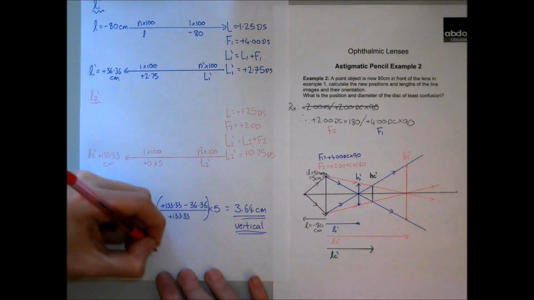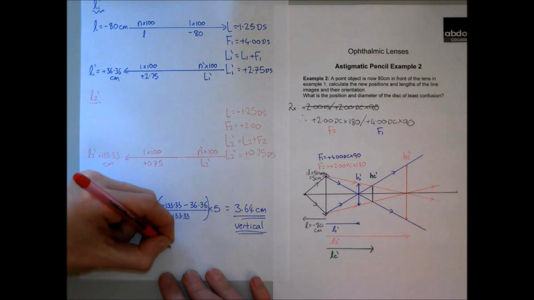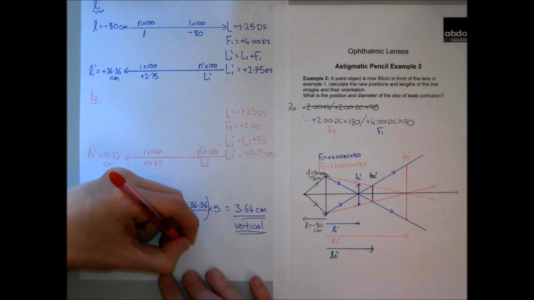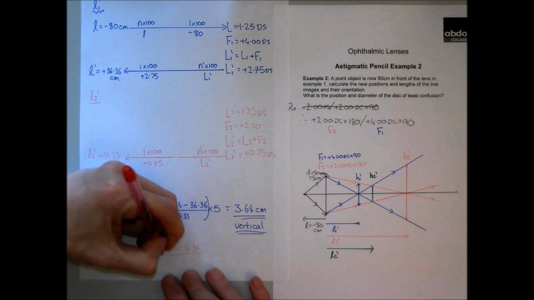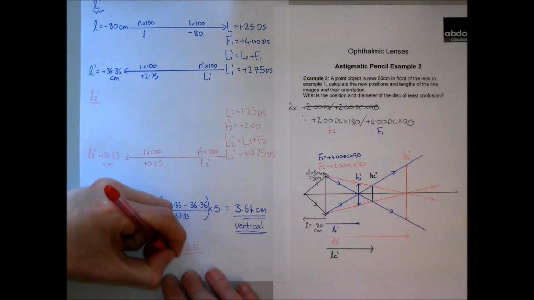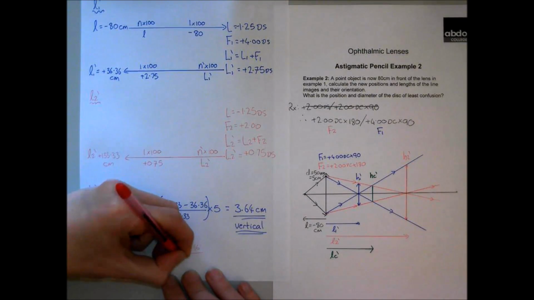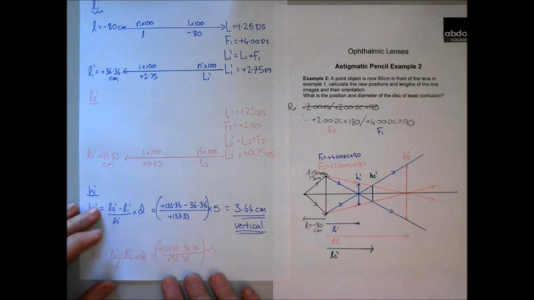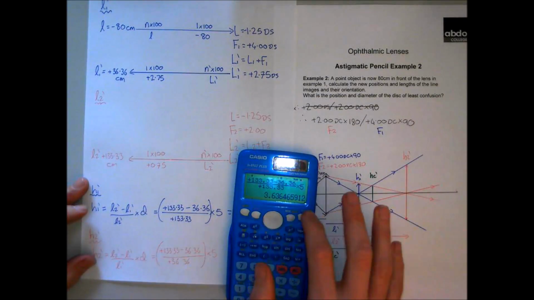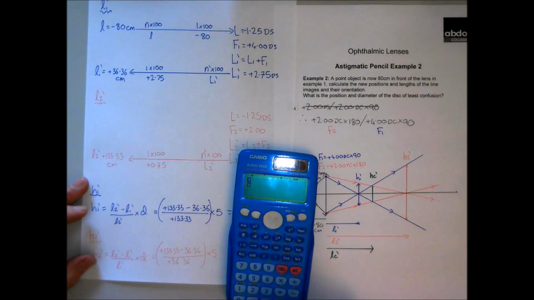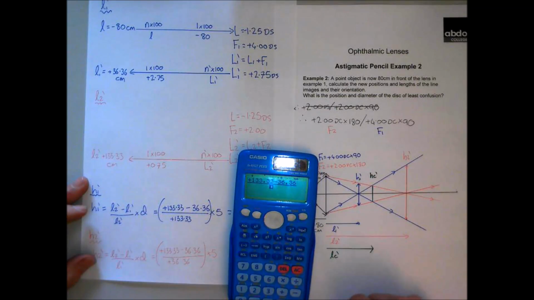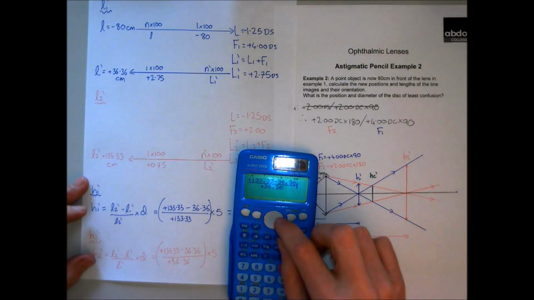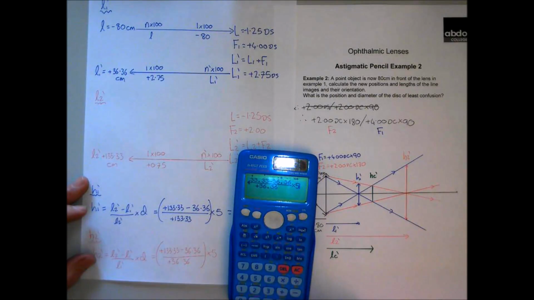Top doesn't change, it's plus 133.33 minus 36.36, all divided by 36.36, and we times it by 5.